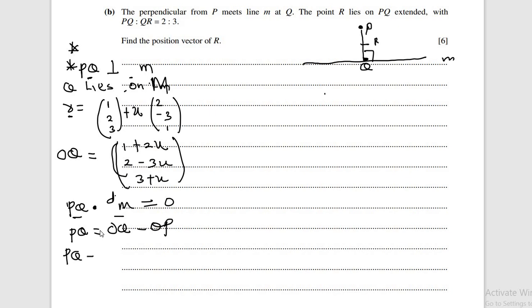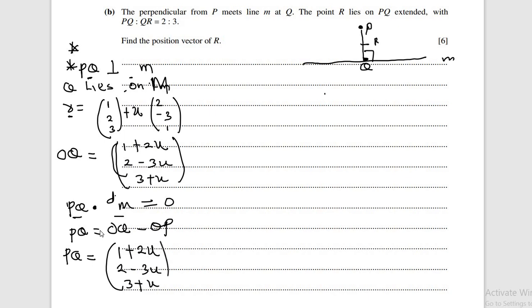Then PQ, vector formula. What's OQ? OQ is 1 plus 2 mu. Remember the way we got OQ, because Q lies on M. Since Q lies on M, it takes the position of line M. That's how we got it: 1 plus 2 mu, 2 minus 3 mu, and 3 plus mu.